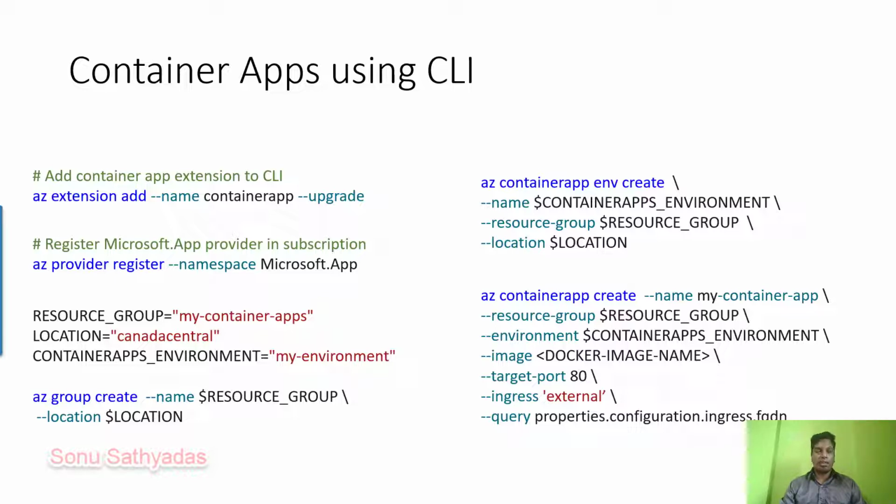There you need to specify the name, resource group, and the container app environment name, what Docker image you are planning to deploy for this container app, and the target port number for connecting to your application. And also you can specify what kind of ingress needs to be deployed. So you can say external to make it publicly accessible.